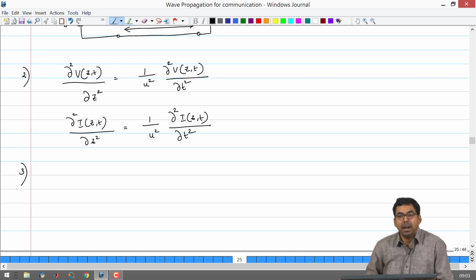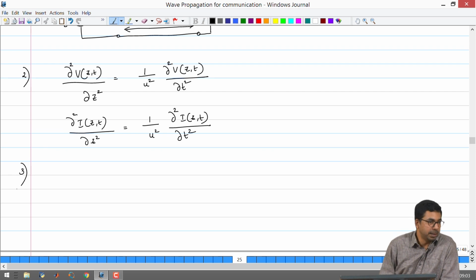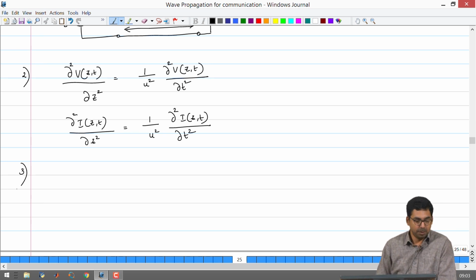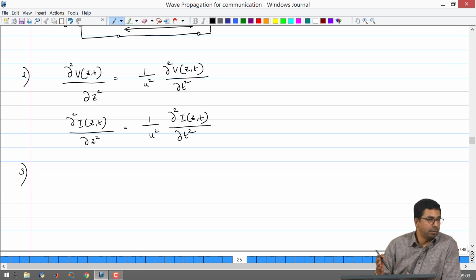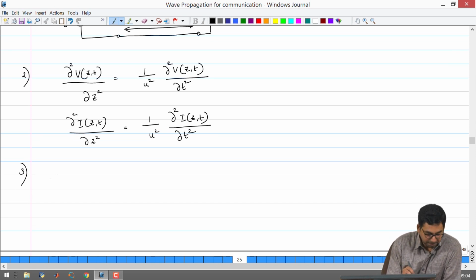The previous time we had written some general solutions which were very simple and straightforward to understand. They were of the form function of t minus z by u and function of t plus z by u. Here we are just going to assume that our source is sinusoidal in nature. So the general forms will have a slightly different format than what we saw before, but they will still be functions of t minus z by u and t plus z by u. So I'll start with the general solution for the voltage.